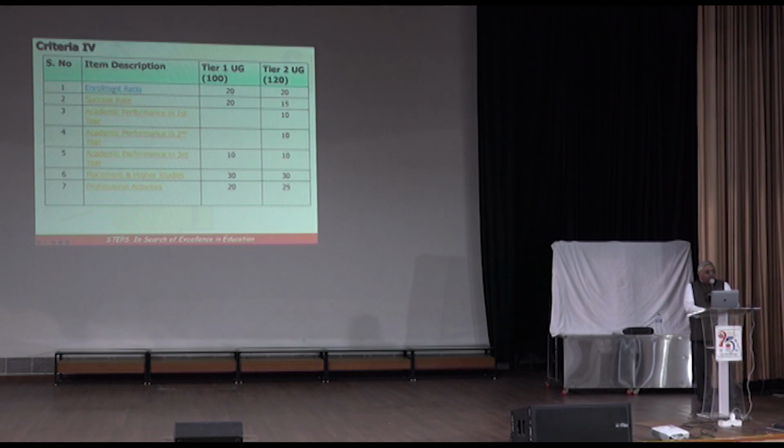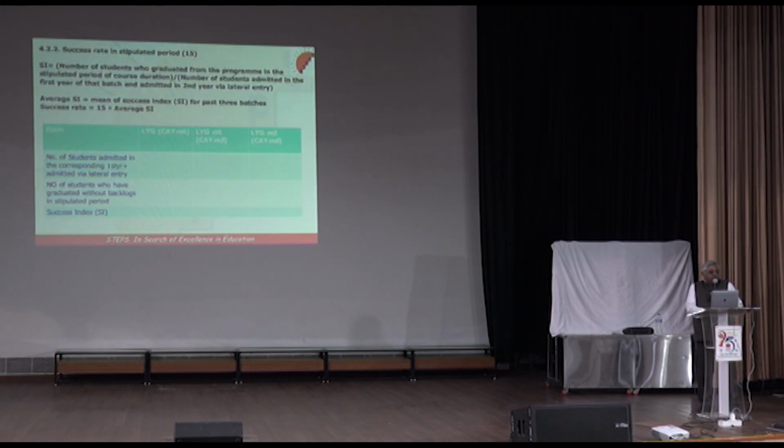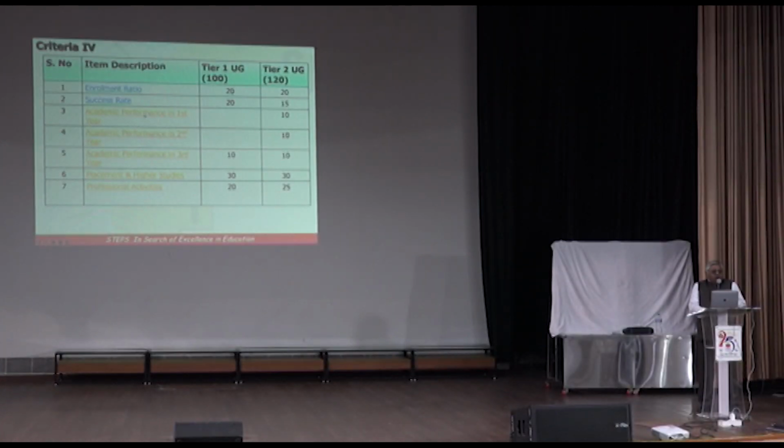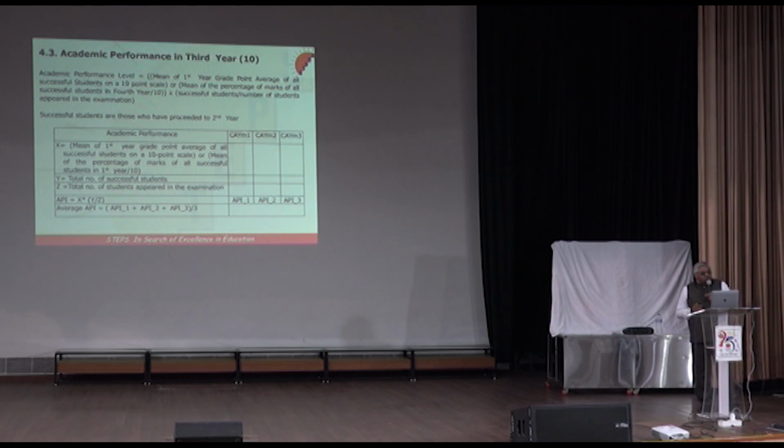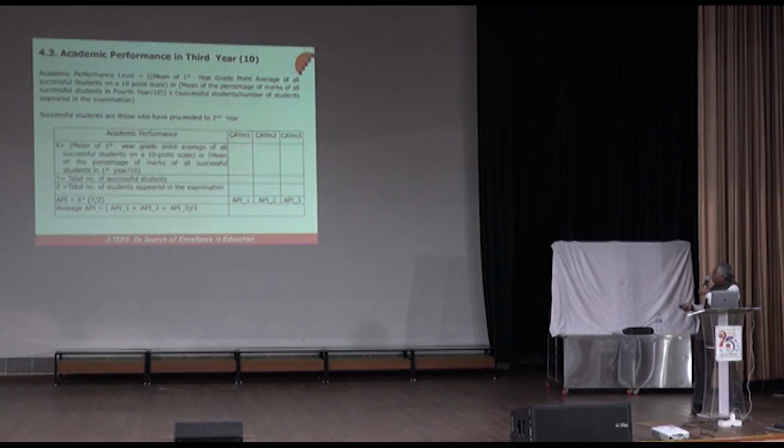Success rate is the same calculation, no changes into that. Academic performance in first year, I'm sorry, it is written third year. I think it's in first year, but the calculation is the same.